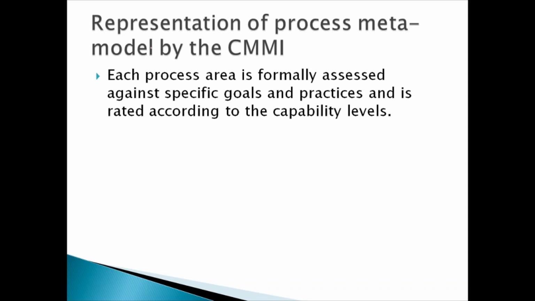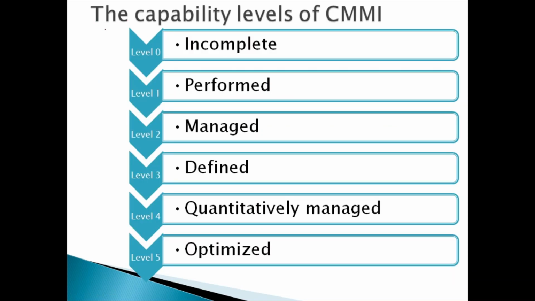Representation of the process meta model by the CMMI. Each process area is formally assessed against specific goals and practices that we have seen earlier and is rated according to the capability levels. So different levels have been created by this meta model. Level 0 talks about incomplete, level 1 is performed, level 2 managed, level 3 defined, level 4 quantitatively managed, and level 5 optimized.